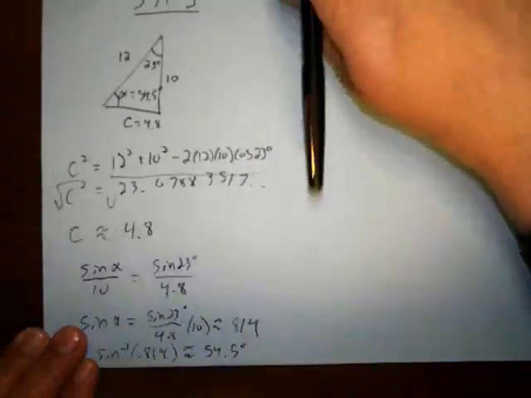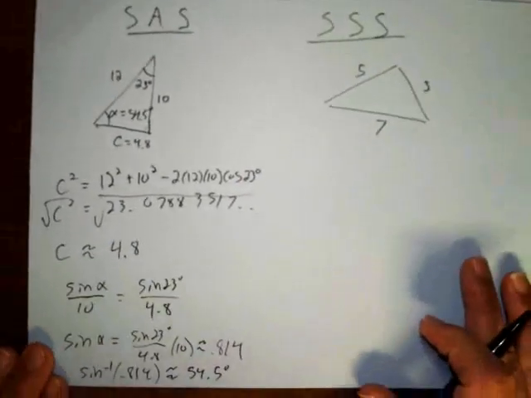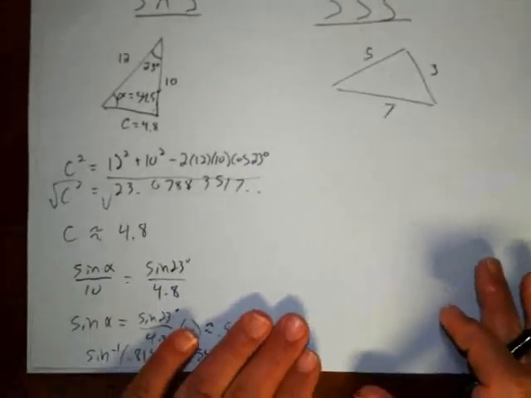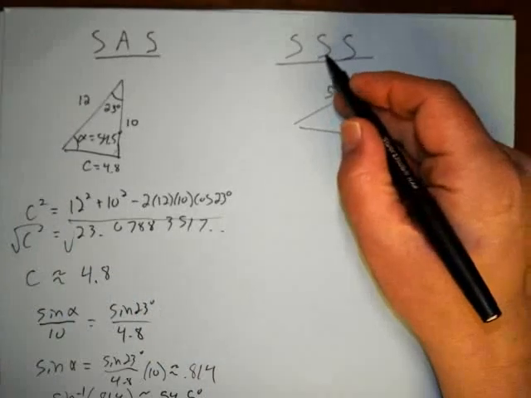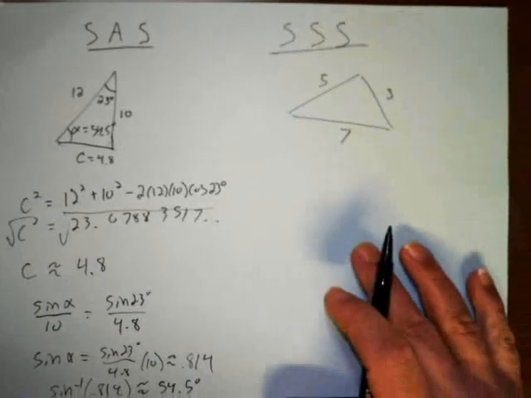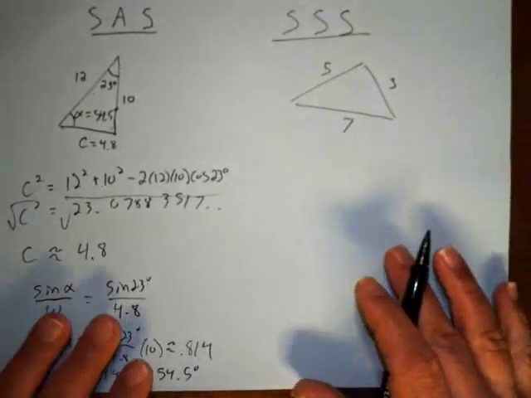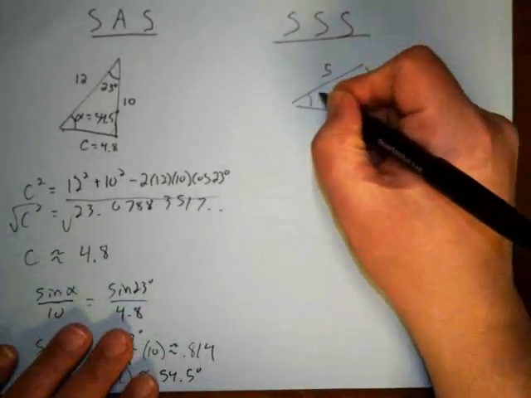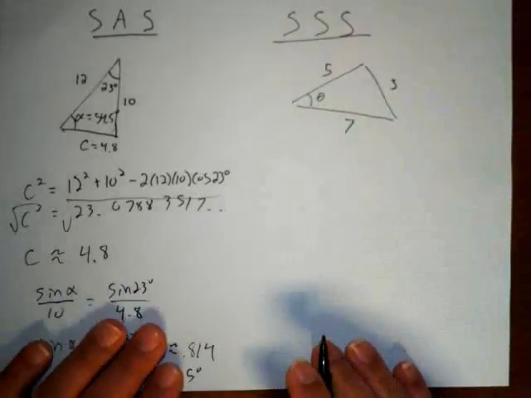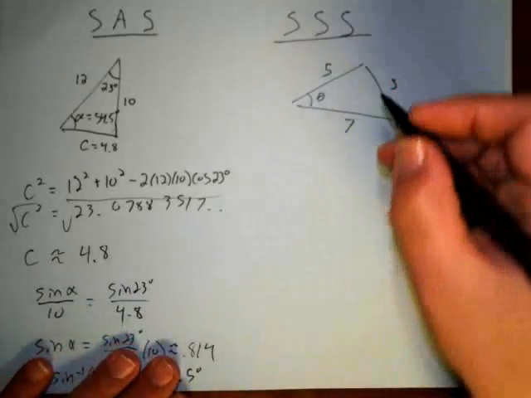So hopefully you're able to see all of that on the screen there. Let's go ahead and do this. This is a situation where you're given a side, side, side. You're given three sides of the triangle, so what you need to do is pick out one of these angles, and use the law of cosines to find it.